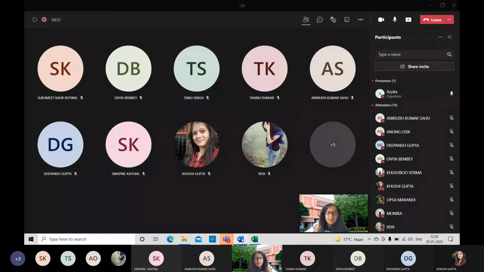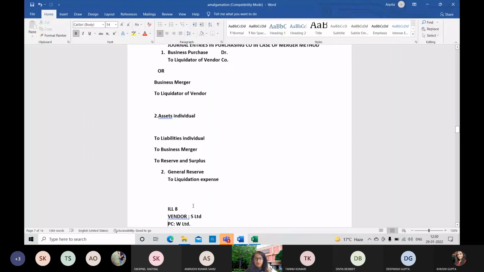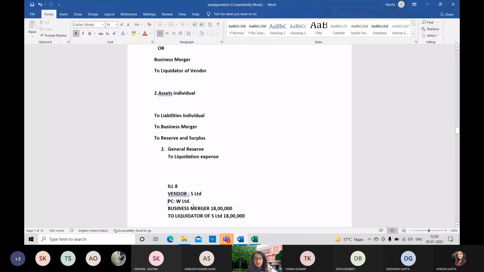And who is the purchasing company? Obviously W. So it's written here S Limited and W Limited. Now let's try to calculate the purchase consideration. It says that W agreed to absorb the business of S Limited on the following terms. W would acquire all the assets and liabilities of S Limited at book value. W agreed to issue 6 shares of 10 each for every 5 shares of S Limited. The expenses of absorption amounting to 30,000 were paid by W Limited.